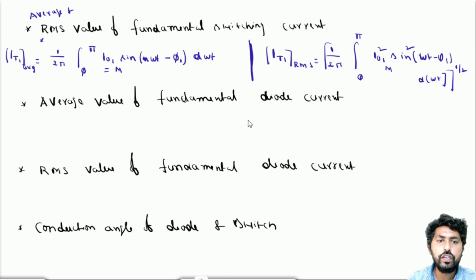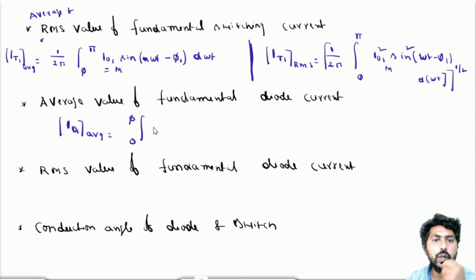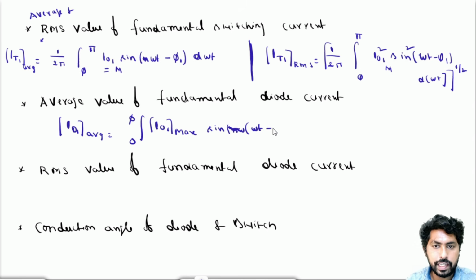Now the average value of the fundamental diode current. In case of resistive load, the diode current will be 0, right? The average value of the diode current, ID1 average, we should take from 0 to phi 1, of I naught 1 max, that is the peak value, into sine (omega t minus phi 1) into d omega t.